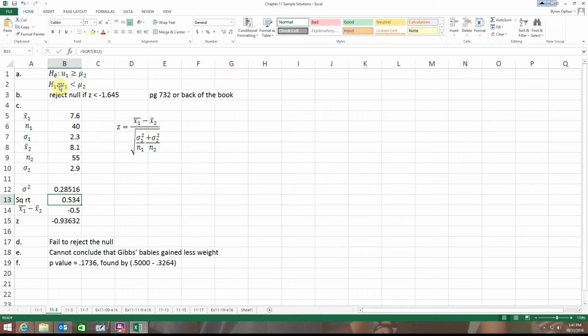If this one is a less than, then this one has to be greater than or equal to. Likewise, if this is greater than, and you might have some in the future that are less than or equal to, in which case this would be greater than, but they're always kind of the opposite like that.